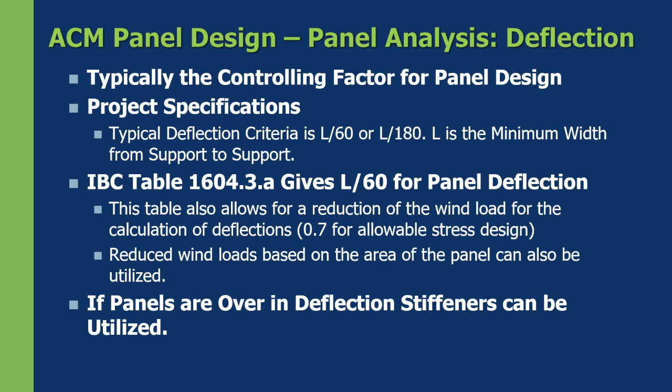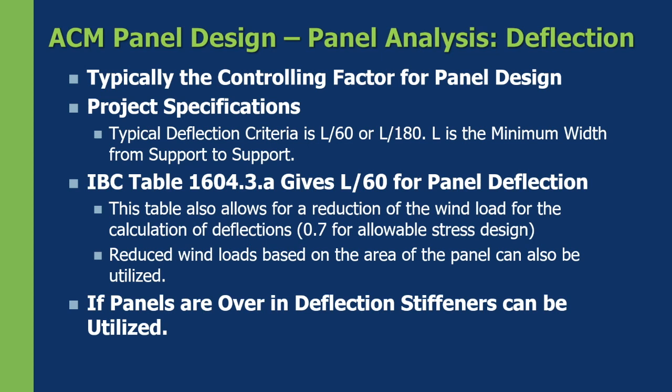That's a big difference. So the higher that bottom number is, the more restrictive the deflection criteria becomes. The IBC lists L/60, so you're never going to see an L/50 or an L/40. The IBC lists an L/60. What the IBC also gives engineers is a tool to help reduce that deflection. They basically say, for the purposes of deflection calculations for a panel, you can take a 0.7 reduction for allowable stress design for the panel.